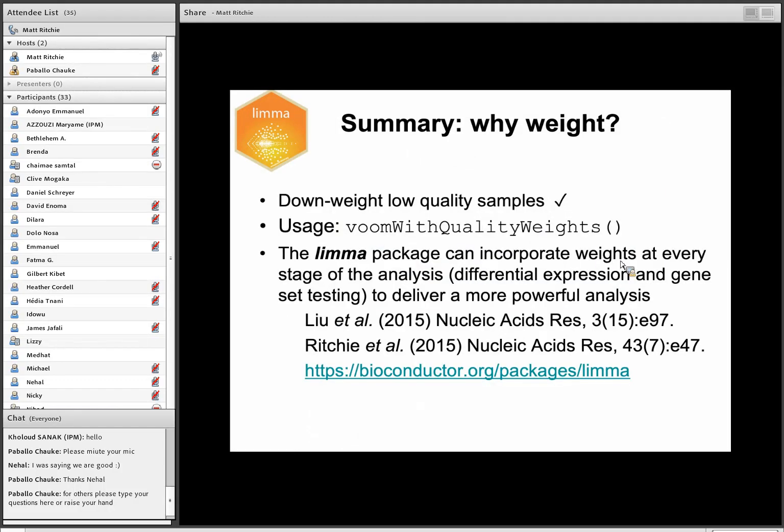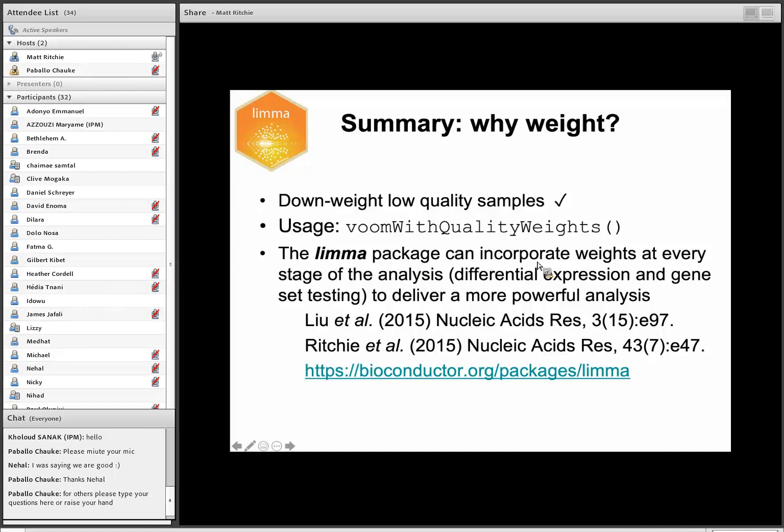So if this approach sounds like it might be useful, if you're familiar with analyzing RNAseq data, you can try it out at home. So VUM with quality weights is the function in limma. It's often useful to be able to downweight low quality samples. We've shown that in some of these demonstrations, and we use this approach quite routinely in our collaborative analyses.